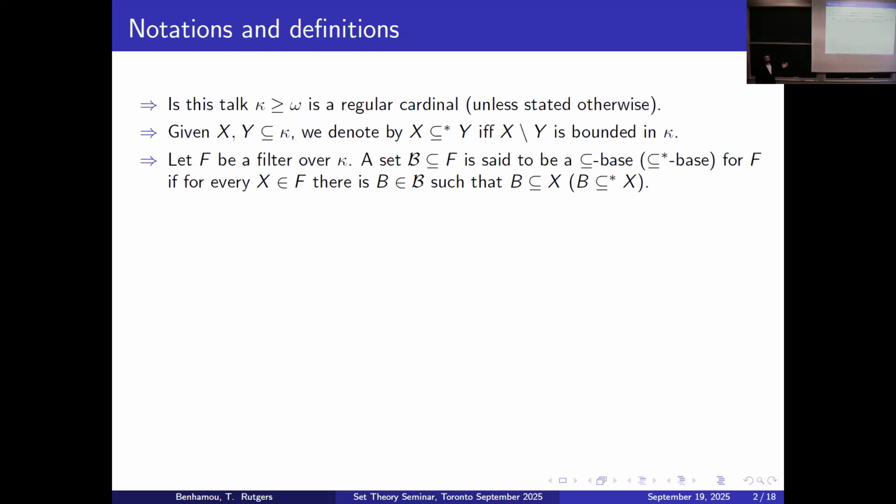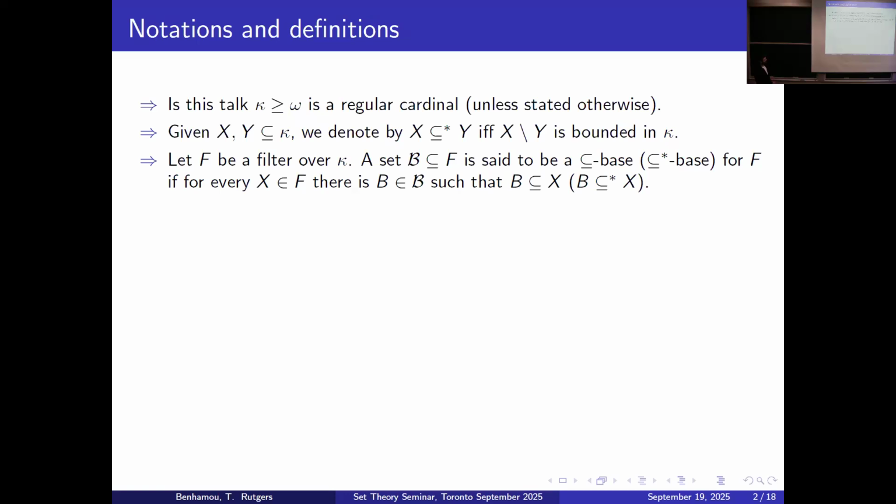So given a filter F over kappa, a subset B of the filter is called a subset base or subset star base of F if every x in F contains, or contains star, an element from B. Okay, that's a subset star base.